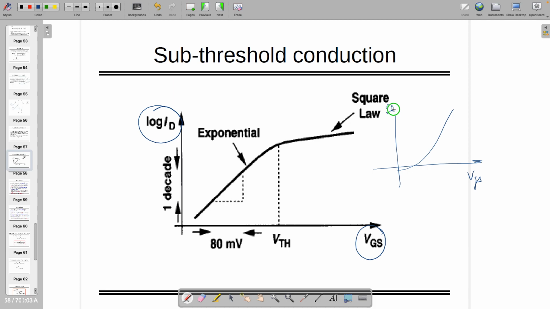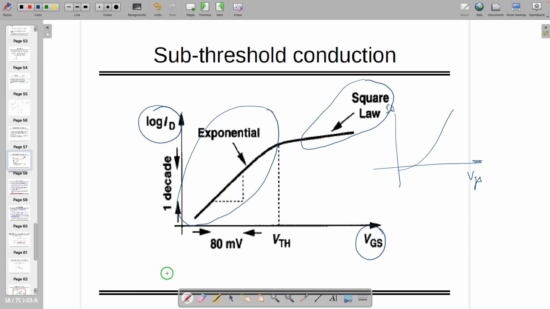Now, if you take log of ID with respect to this, you can see that this particular region follows the square law, with the equation ID equal to mu n Cox by 2 W by L (VGS minus VT) square. And here, an ID and VGS equation also exists, and this is called the subthreshold conduction slope.